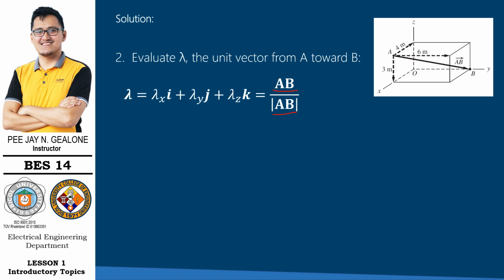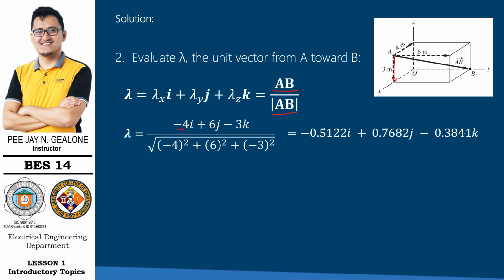Bakit natin ito gagawin? Because we wanna solve for the relative position ng force na yun with respect to this particular axis. So makikita natin that since the value of AB is negative 4i plus 6j minus 3k, divide natin sa square root ng squares ng magnitudes nila. So negative 4 squared plus 6 squared plus negative 3 squared.